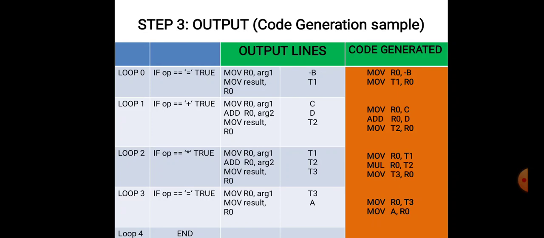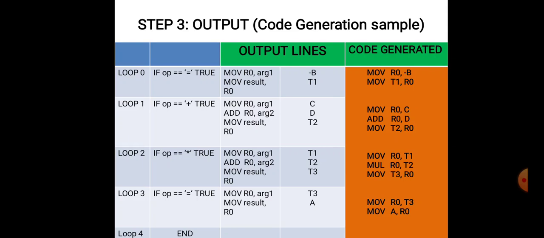And in loop 3, suppose the sub expression is again an assignment expression, that is a is equal to t3. So here a will become resultant variable, t3 is the argument 1. So we have the code generated, move or not comma t3, means the final t3 value will go to or not, and this or not value will be again moved to a.